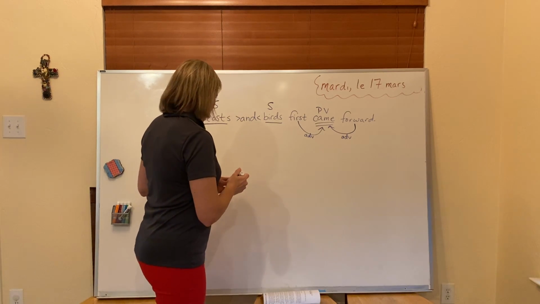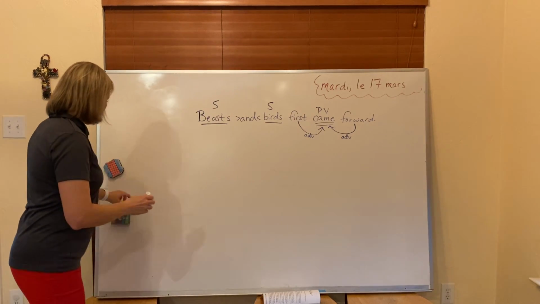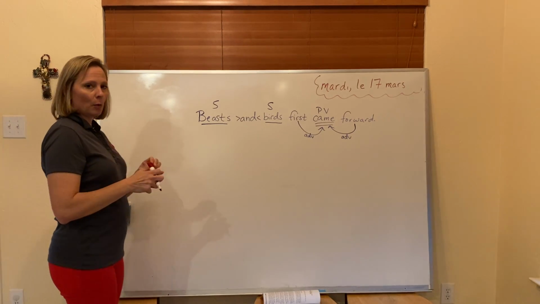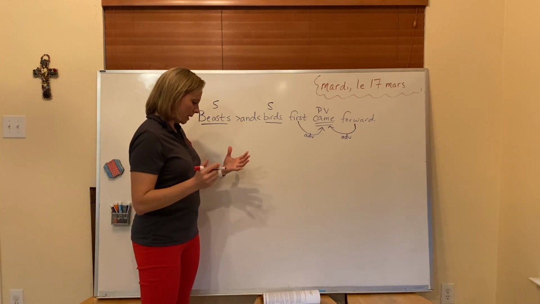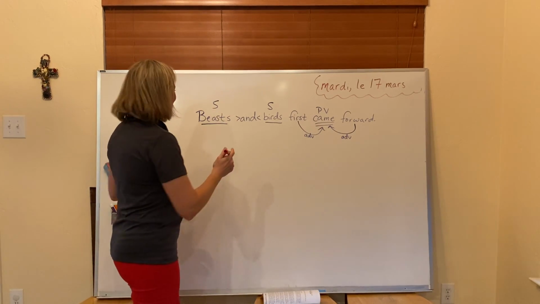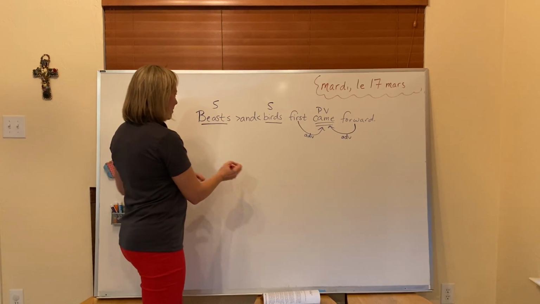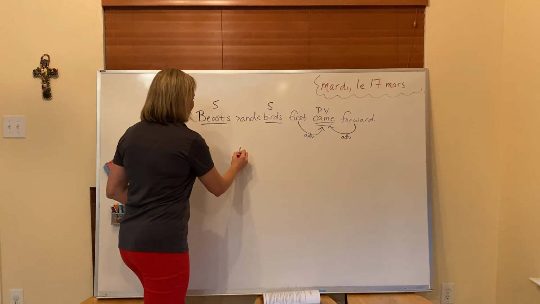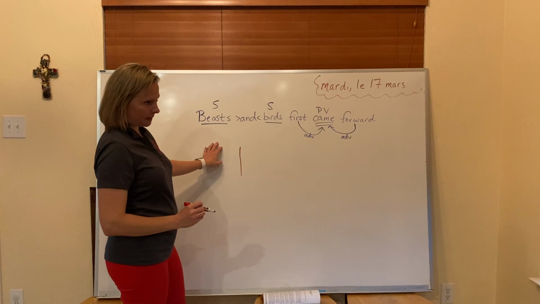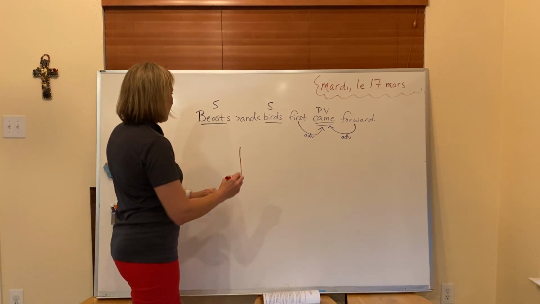Now when we diagram a sentence with a compound anything, we will use what they call in this book a spaceship. Okay? That's a fun word for it. Okay. So we'll make our spaceship, since we have a compound subject, the subject usually goes on this side, right? Predicate goes on this side.